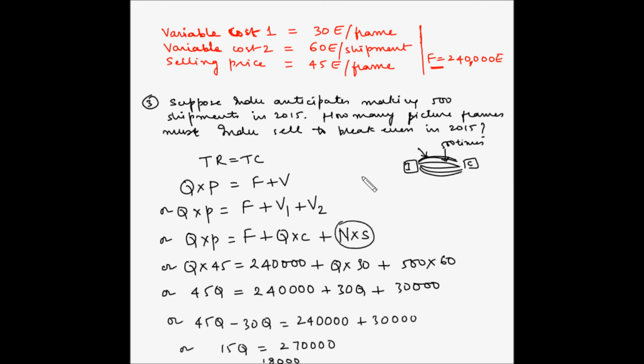So with that concept, now let's move to requirement number 4, which is to calculate another break-even point for 2015 different from the one that we have found in this part, which is part 3, and understand why Indu has multiple break-even points.